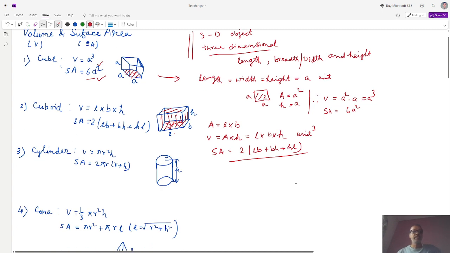Now come to the cylinder. The base of a cylinder is a circle. So, if I know the radius of this circle, then we will easily find the area of the circle, which will be pi r square.